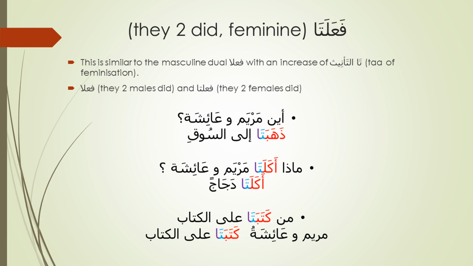So what's the difference between dhahaba and dhahabata? If you read in the book, you see dhahaba, and then you read dhahabata. How would you translate two of them? In the English, it will just say they went, and you won't know. Even reading the Quran, if you see the scale and you read in the Book of Allah, you'll know that two feminine did the action, or two masculine, or a group, by reading.